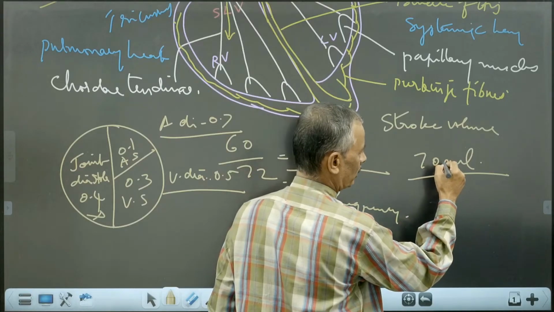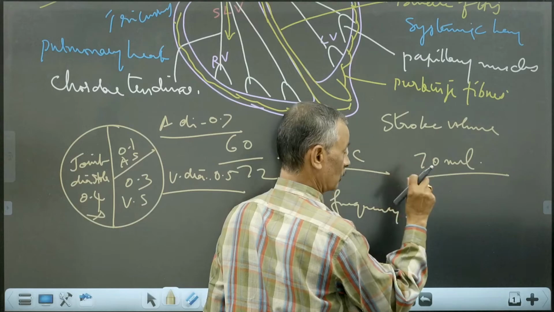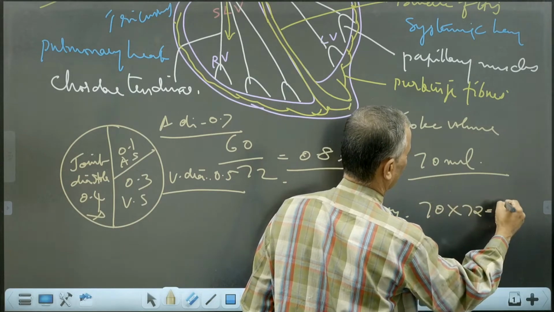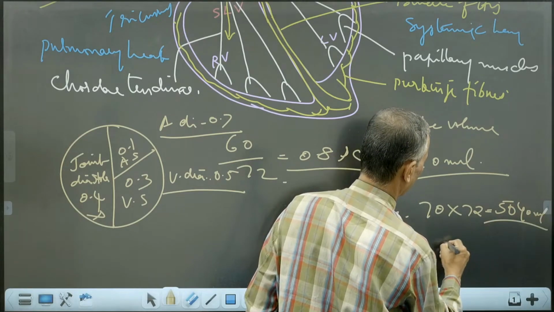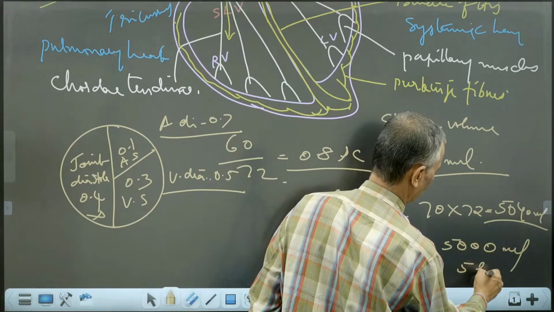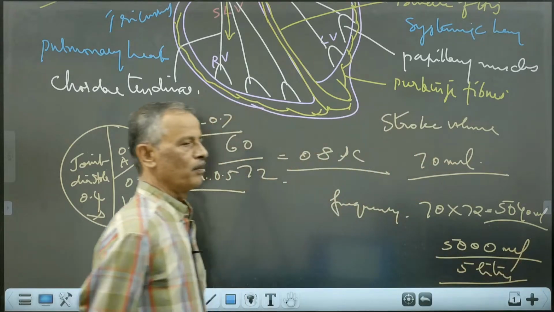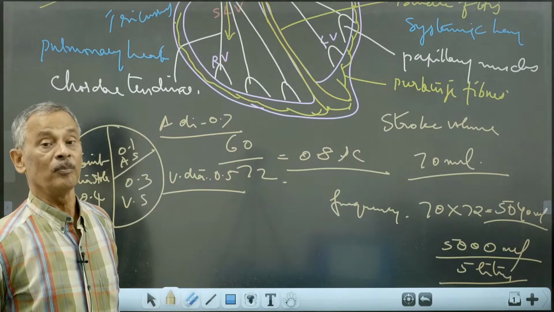For every contraction, 70 ml is pumped from one ventricle, contracting 72 times. So 70 into 72 is 5040 ml. We take the average of 5000 ml or 5 liters as the volume of blood pumped from one ventricle in 1 minute.